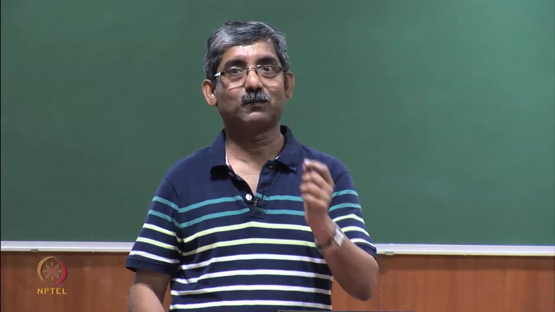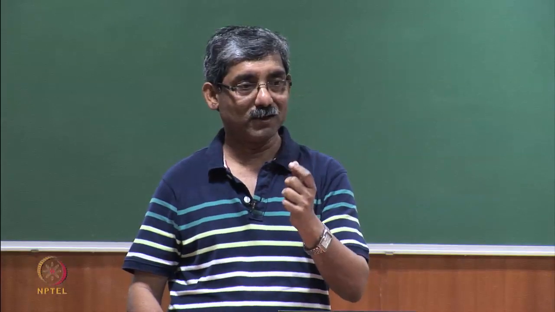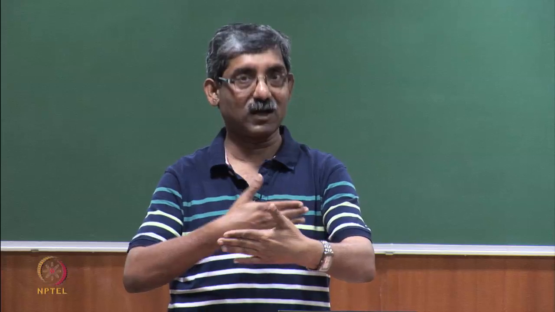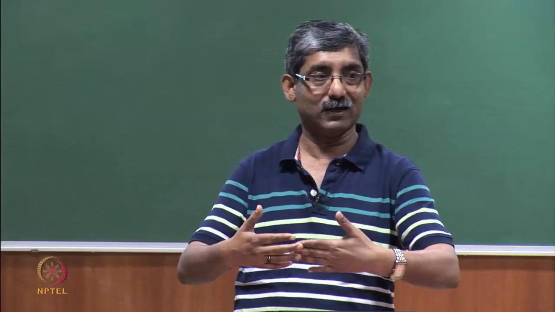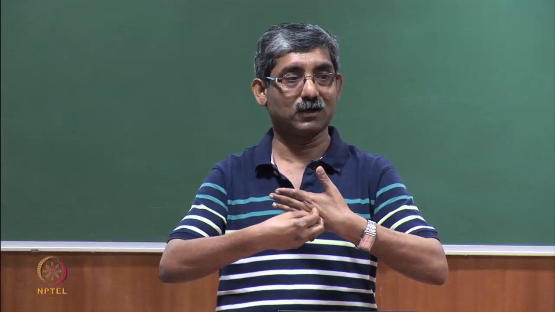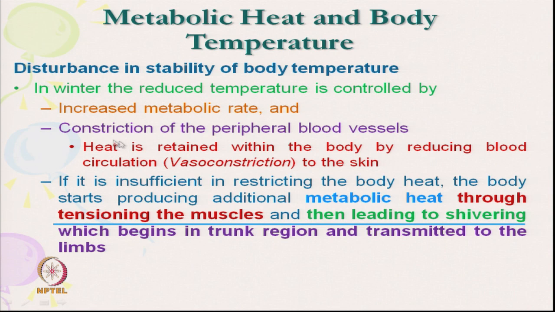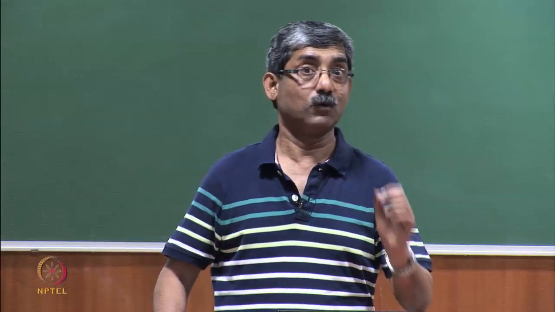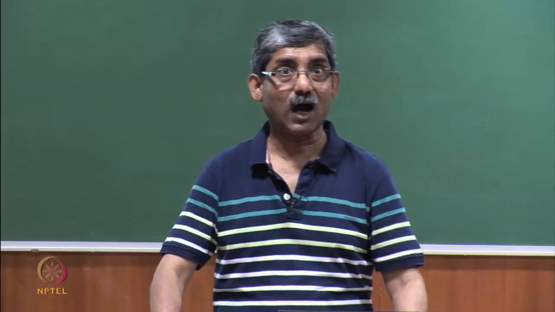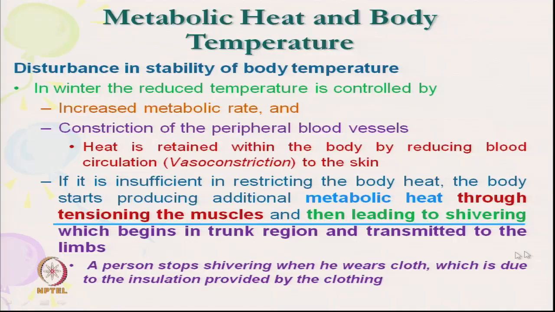The cloth is providing the insulation, that extra layer, which reduces the flow of heat from the body, and he will start feeling comfortable. What does it show? Our body physiology has its own action.